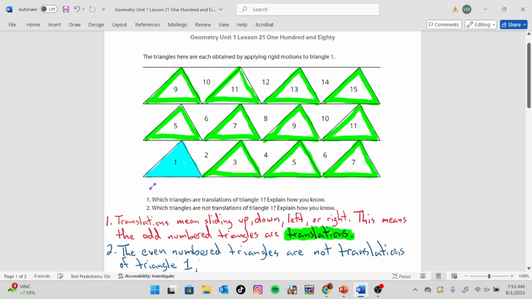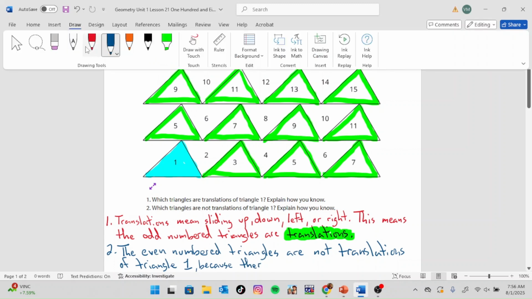And we know that because they are upside down.